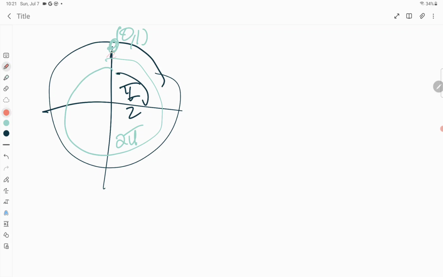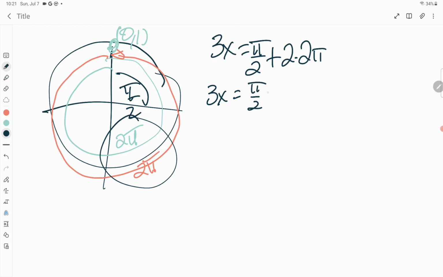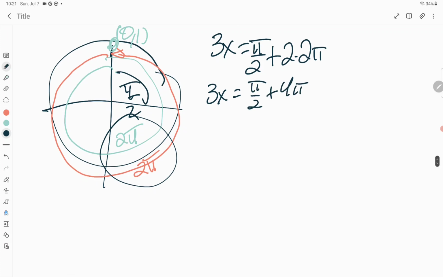So now you have to go one more time, and you're going to come back to the same point. That's an additional 2 pi. So the argument 3x is equal to pi over 2, the initial, plus 2 times 2 pi. So 3x equals pi over 2 plus 4 pi. So x equals pi over 6 plus 4 pi over 3.